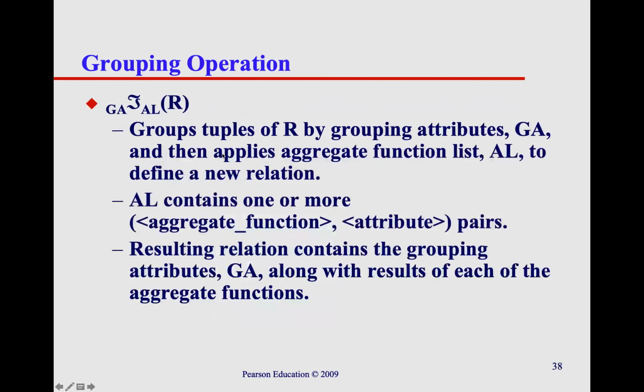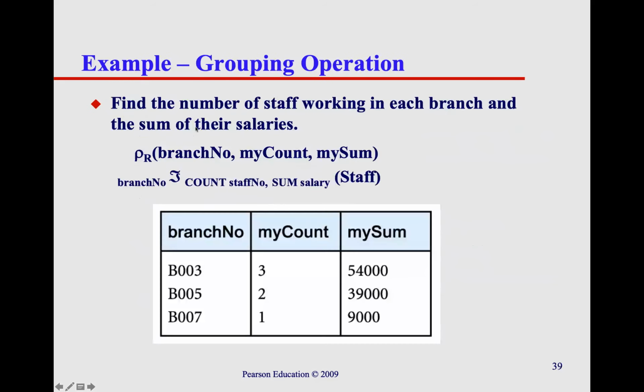Now, let's add grouping to it. So the grouping goes on the left side of tau, and it's one or more comma-separated attributes that we're grouping on. So for example, find the number of staff working in each branch and the sum of their salaries. So now we want to count the number of staff and sum their salaries. We're grouping on branch number. And in the result, we want branch number.